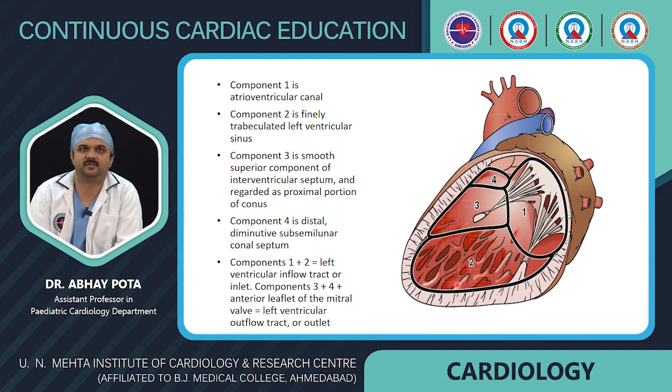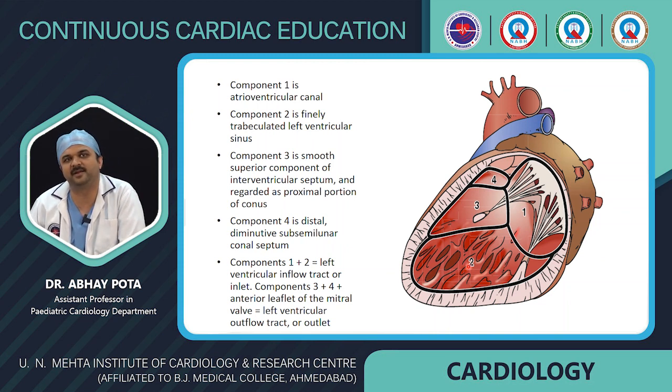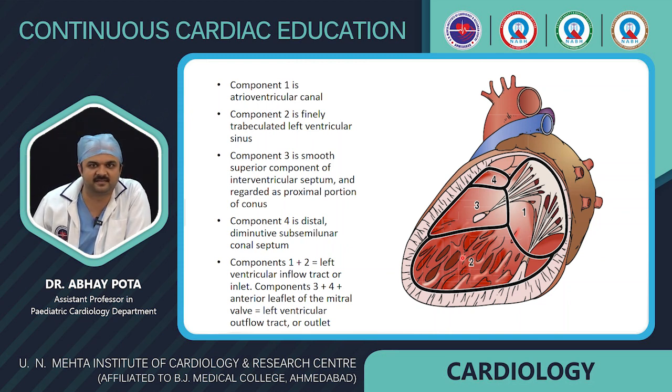Component 1 is the atrioventricular canal, this is the mitral valve. Component 2 is the finely trabeculated LV sinus, this is the LV sinus or LV body. Component 3 is the smooth superior component of the interventricular septum, and this is regarded as the proximal portion of the conus, this is the proximal conus.